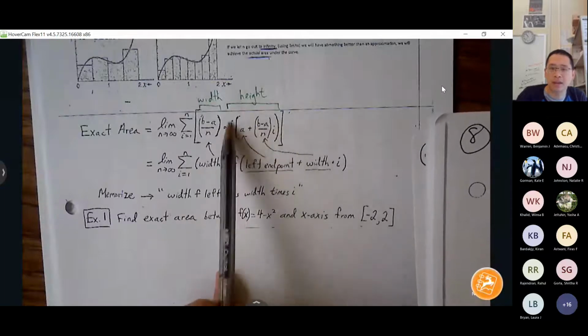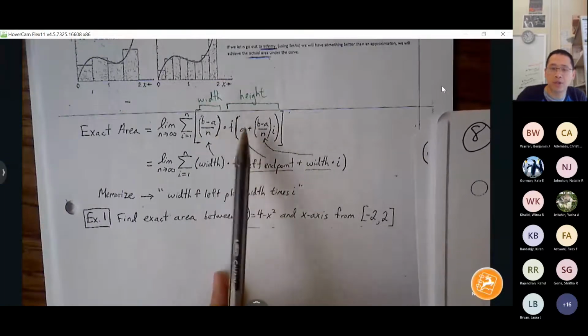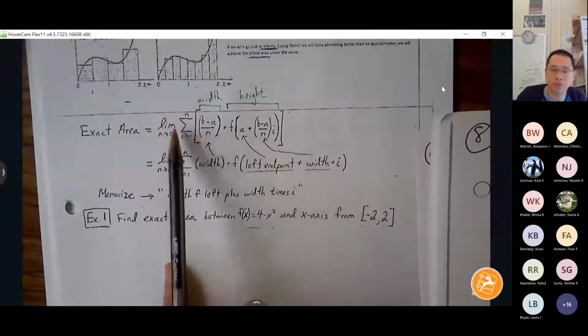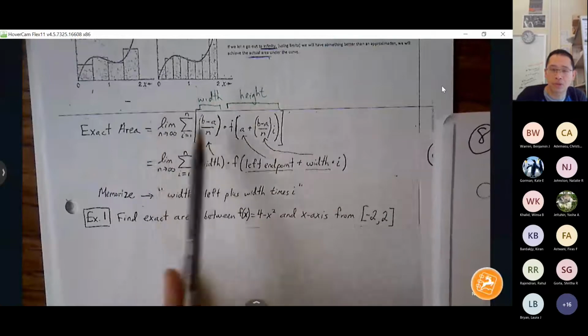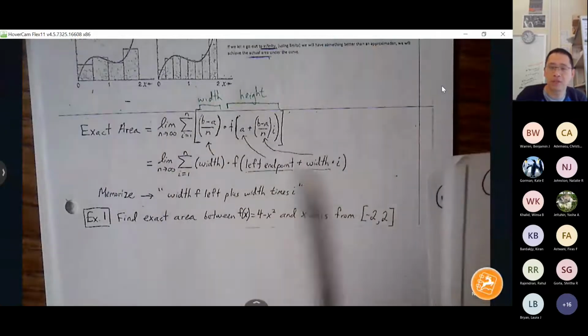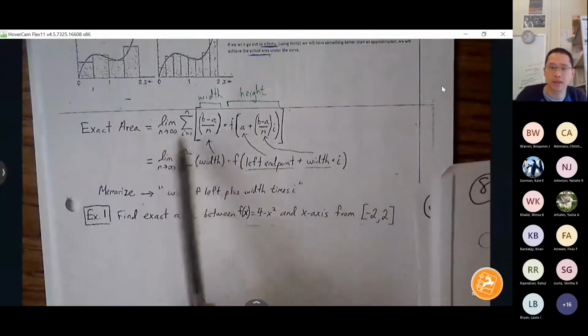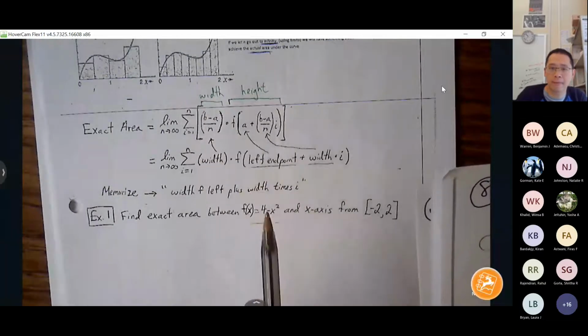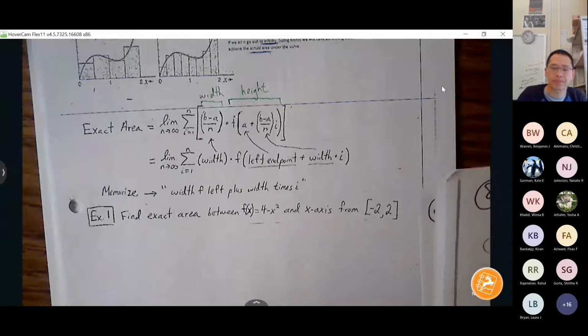And then after that, the height value gets multiplied by the width, and that will achieve the area of one rectangle, right? But we're going to be doing this over the course of infinitely thin rectangles. So we're pushing this formula out to infinity.